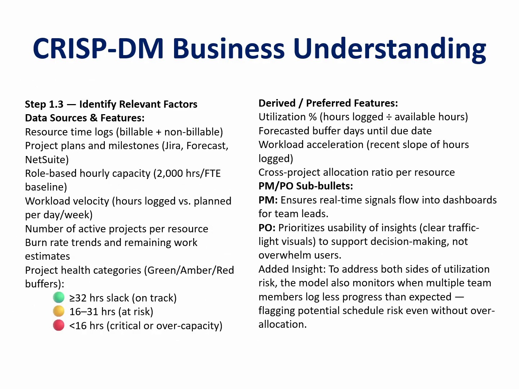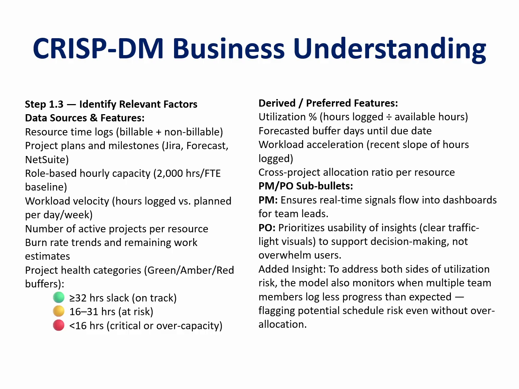Okay, so step 1.3 of the process, I mentioned those thresholds, right? So those are listed there. Now, these are thresholds I'm proposing for the model to use and for this particular project. These are types that I've actually used at work. So along with the data sources and features for the model, we want to incorporate billable and non-billable hours, project information, of course, from the source, Jira, NetSuite, dates, tasks, milestones.